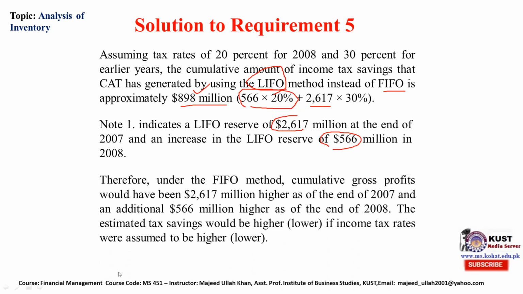Now, under the FIFO method, cumulative gross profit would have been this many millions higher at the end of 2007, and an additional 566 million higher at the end of 2008. The estimated tax saving would be higher if the tax rate is higher. If the tax rate is lower, then the estimated saving would be lower.